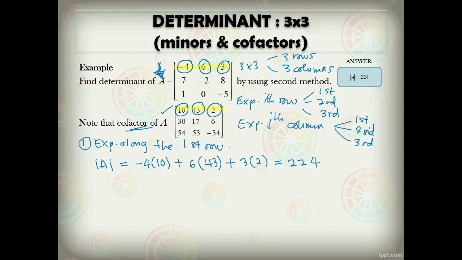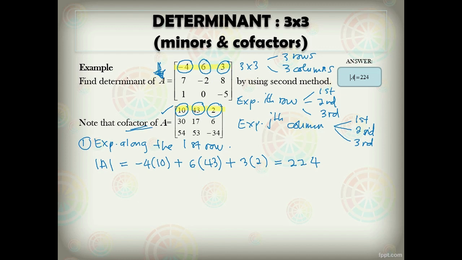If you are first given only the matrix A, you need to do it from scratch: find the minor, find the cofactor, and lastly choose whether you want to expand the row or the column. Since in this example we just proceed from the previous example where we had already found the cofactor, it will be simple.